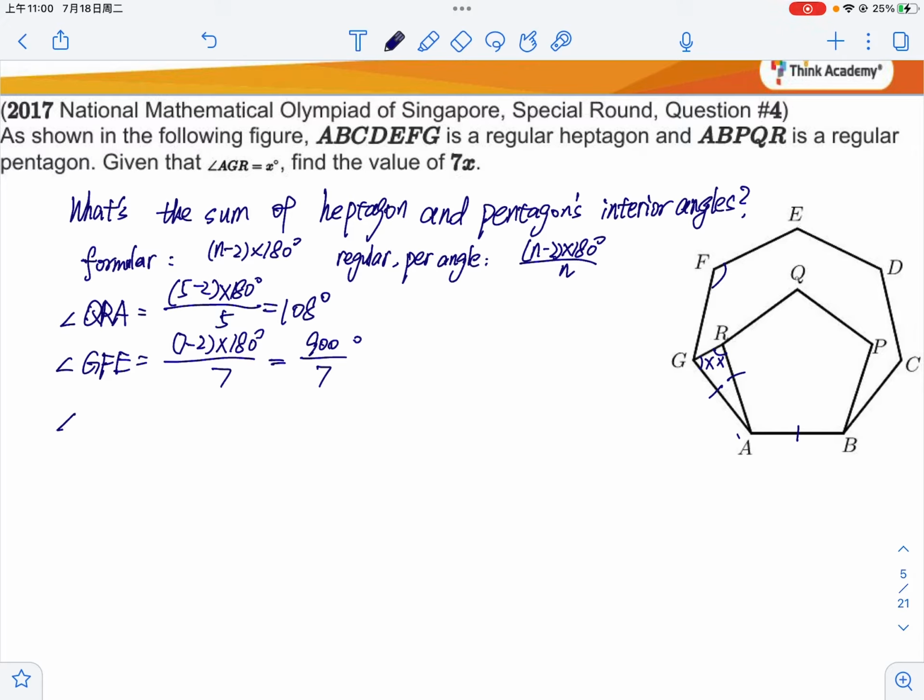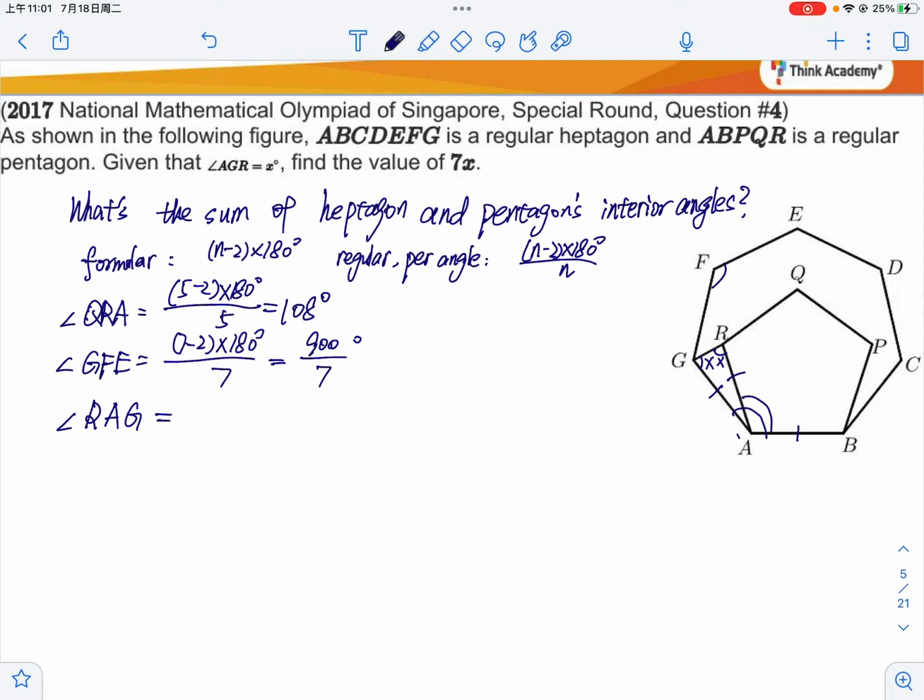So you need to calculate the angle RAG, right? RAG is easy to calculate. Then once we know RAG, use 180 degrees minus angle RAG and divide by 2. We can calculate X. So RAG is very easy. Use the bigger angle minus the smaller angle, right?